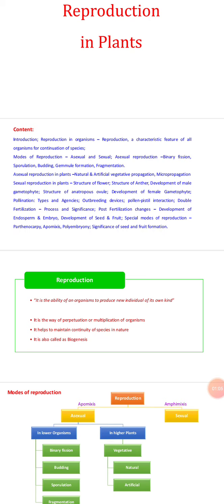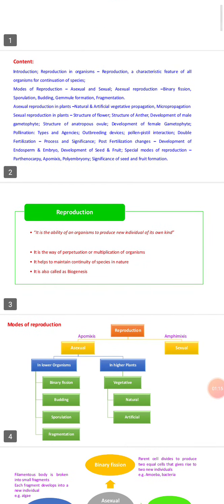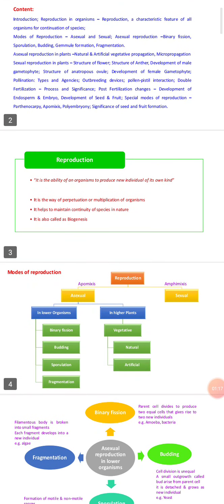Reproduction takes place in living organisms by two different methods. The first is asexual reproduction, and the second is sexual reproduction. In the lower organisms, asexual reproduction takes place.